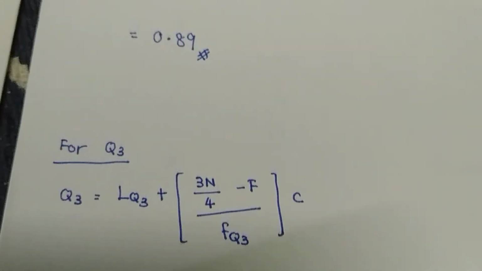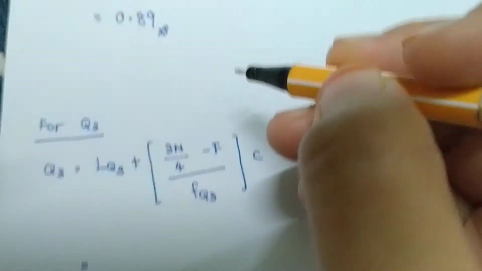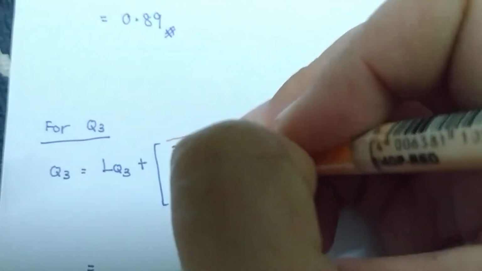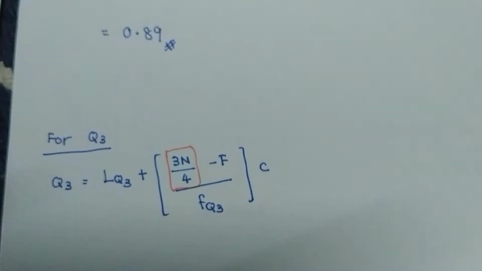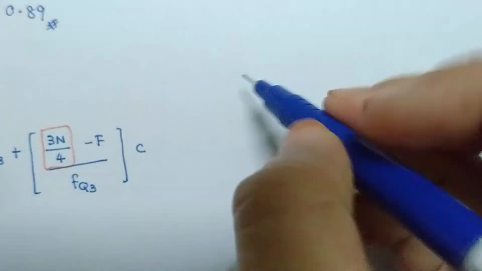Same as the first quartile, we must find 3n over 4 first. So 3n over 4, I write here.